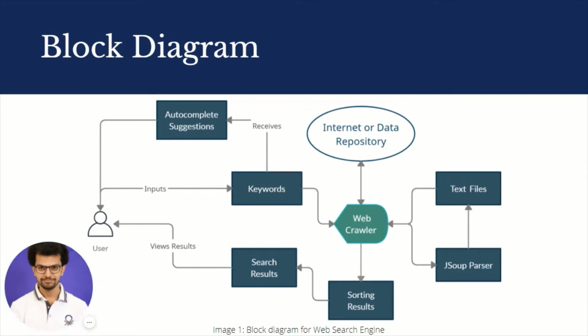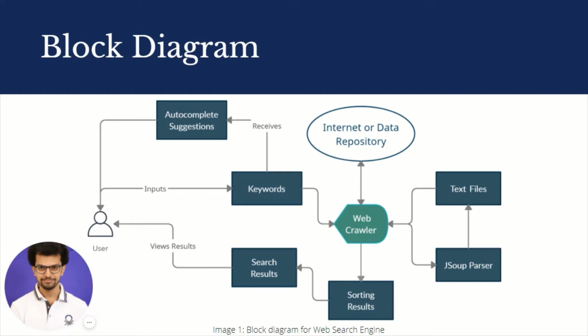So a user will basically write some keywords, and on the basis of what he or she has written, they will get some suggestions which they can use to complete the autocomplete text view. Now once they press the search button, a web crawler will run. If it is running for the first time, it will crawl the root URL and all the links present inside that.